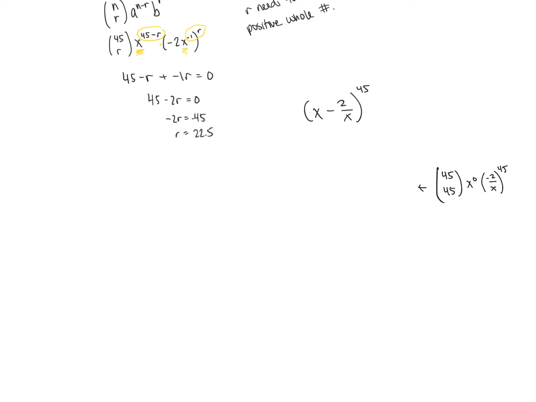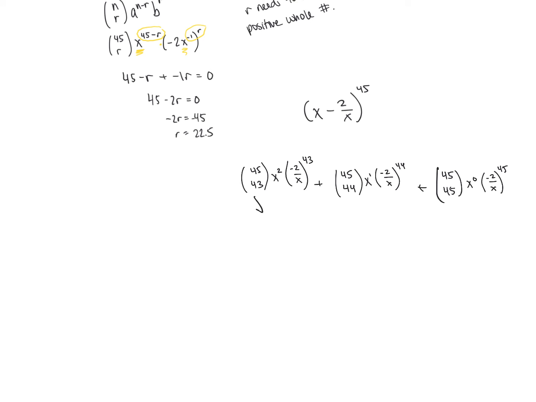That's going to be huge. The one before that would be 45 choose 44, x to the power of 1, negative 2 over x to the power of 44. And the one before that would be 45 choose 43, x to the power of 2, negative 2 over x to the power of 43.